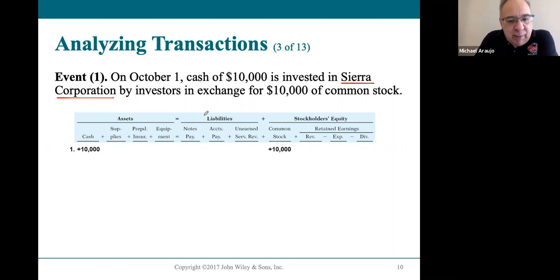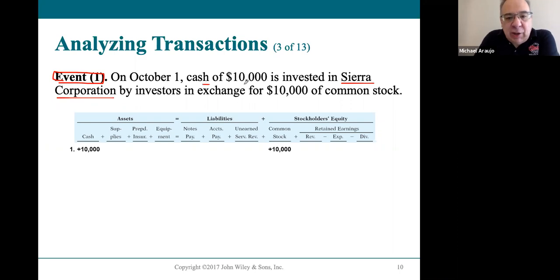There are 3 liability accounts listed: notes payable, accounts payable, unearned service revenue. And stockholders' equity is expanded, as we've talked about: common stock, and then retained earnings is expanded for revenues, expenses, and dividends.